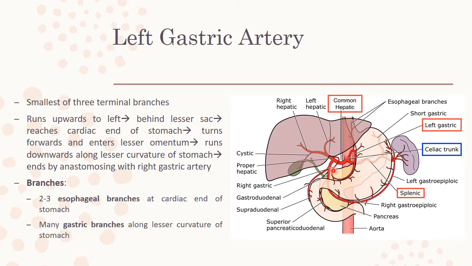This is the right gastric artery, which arises from the common hepatic artery, and it anastomoses with the left gastric artery at the lesser curvature of the stomach. The left gastric artery usually gives off 2 to 3 esophageal branches at the cardiac end of the stomach, and while passing along the lesser curvature, it gives off many short gastric branches which supply the stomach in this region.